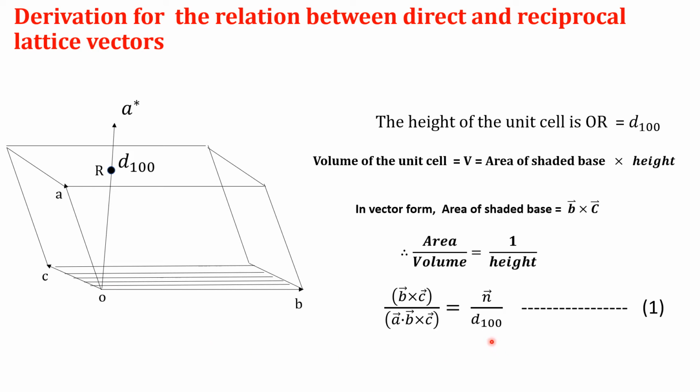Therefore, Miller plane is 1 0 0. That equation we write as equation 1, where n we wrote earlier. That unit vector is normal to the base, along the A star axis.